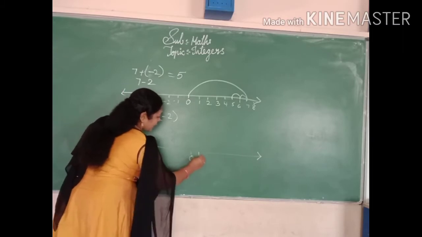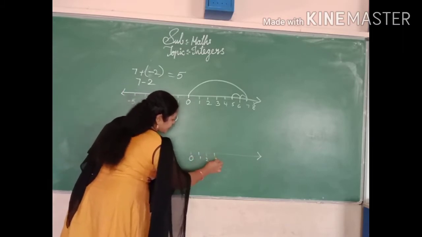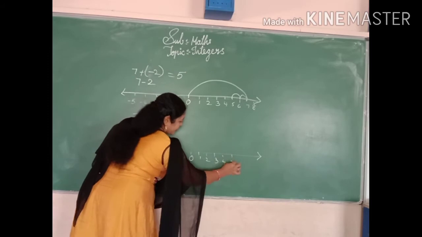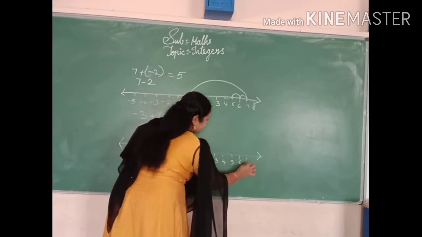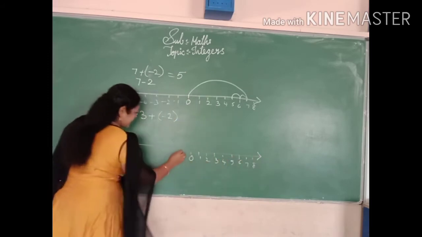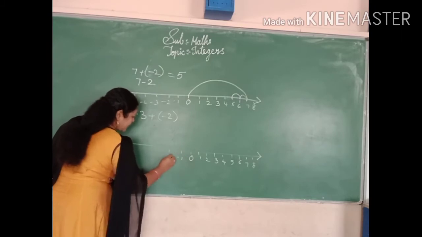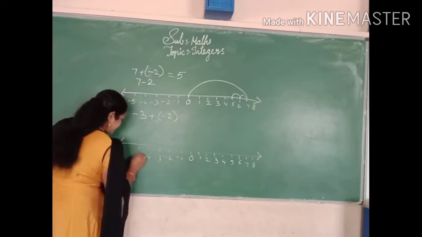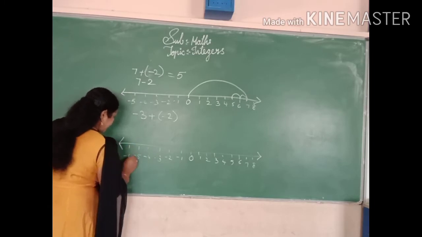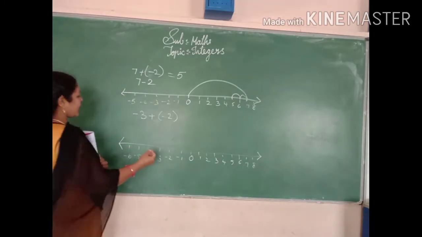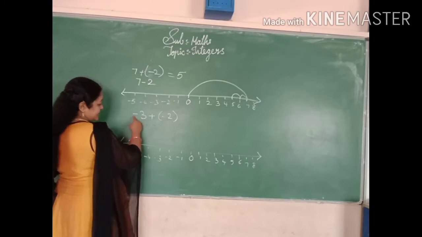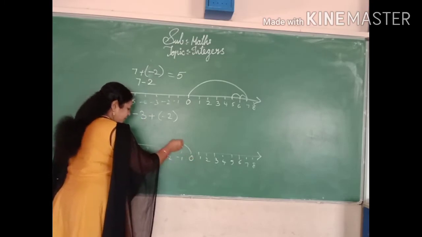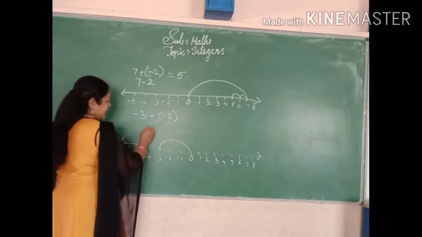Again take 0, 1, 2, 3, 4, 5, 6, and minus 1, minus 2. So here we are starting with minus 3. From 0 we are coming to minus 3.